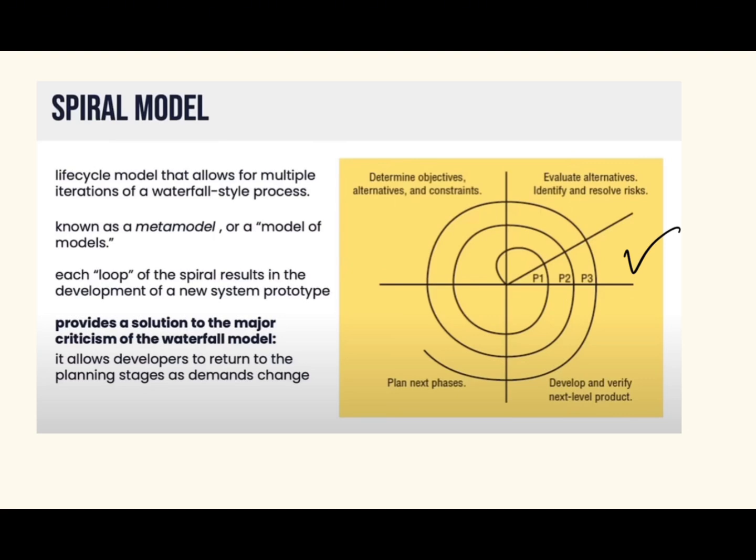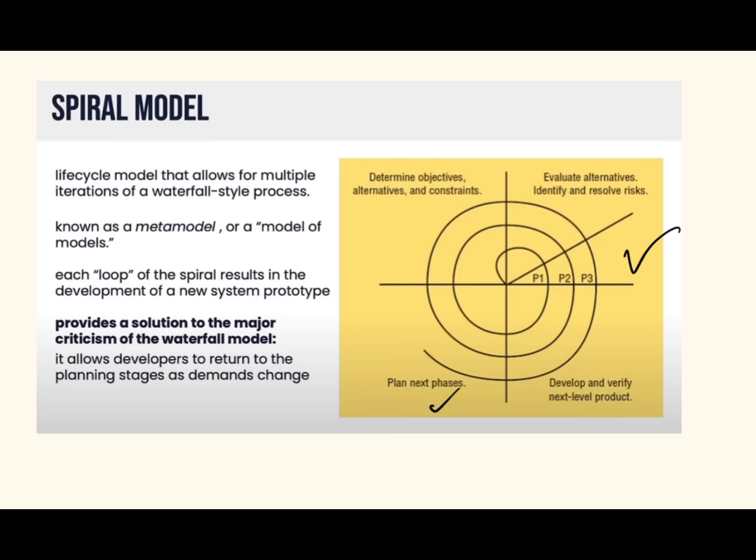So each loop phase includes determine objectives, what needs to be built, what are the constraints, identify and resolve risk, analyze alternatives, assess risks and resolve them. Then develop and test, build and validate a small version of a feature, and plan the next phase, right?